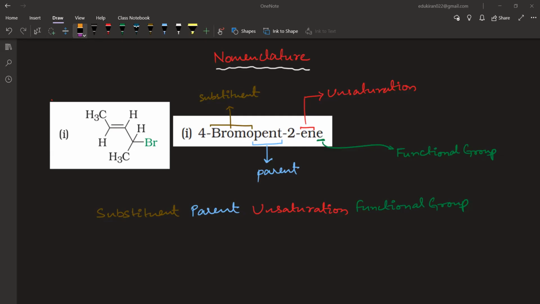Longest chain के लिए आप लोग गए फिर बीच में बोल दिया कि आपको फंक्शनल ग्रुप भी होना चाहिए उसमें. Like Hamza, we're studying now alkenes, so all told us the same. You have to choose the longest chain. If you go to the longest chain, you will always get some one or other barrier.